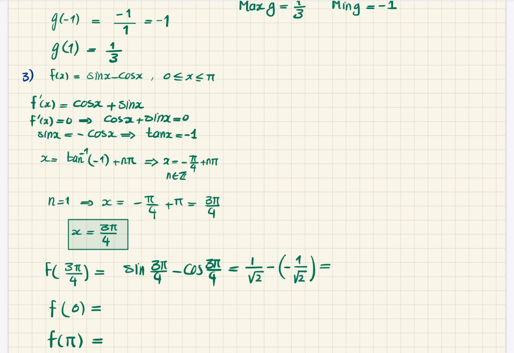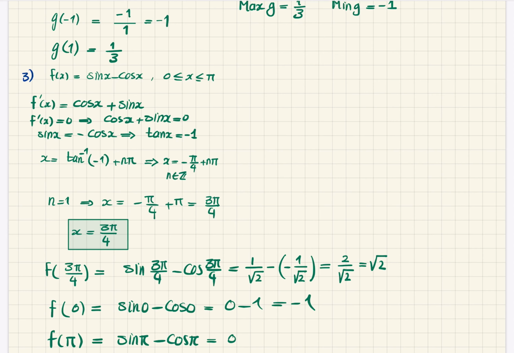So what is that? It becomes 2 over square root of 2, but this is a square root of 2. And when I put f of 0, it becomes sine of 0 minus cosine of 0, but sine of 0 is 0, cosine of 0 is 1, it becomes minus 1. And this becomes sine of pi minus cosine of pi. Sine of pi is 0, cosine of pi is negative 1, so the answer is 1.